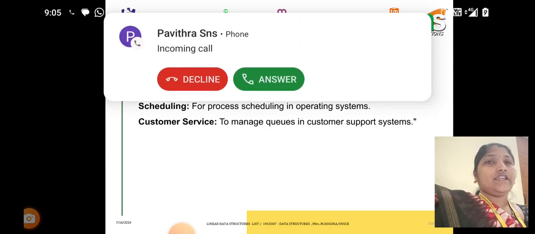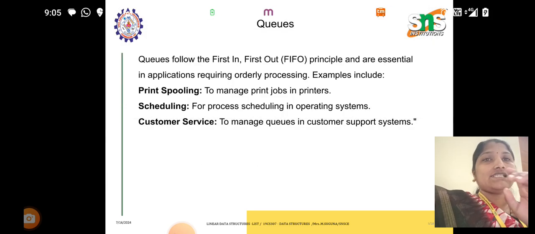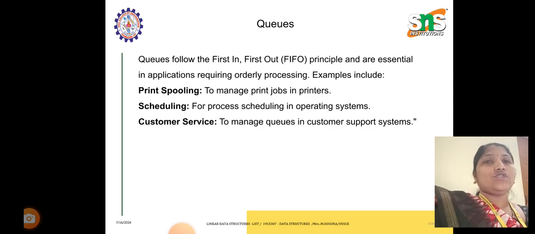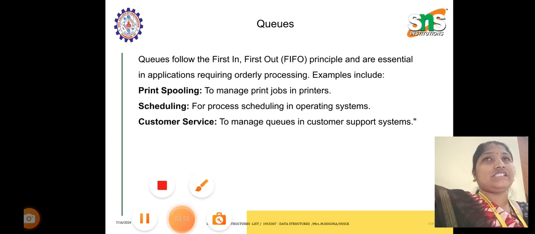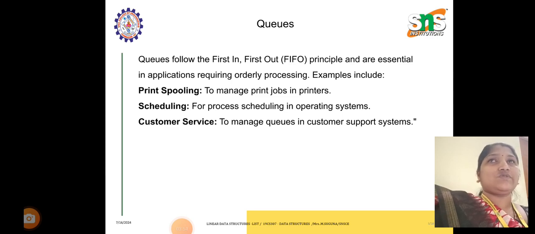And next is queues. Queues follow the first in first out principle, and this is essential for applications which require orderly processing. So first in first out: the data which is inserted first will be taken first, and the data which is inserted last will be taken last.